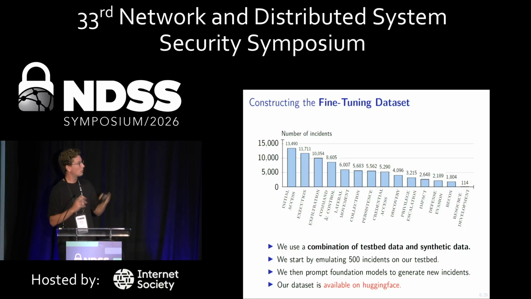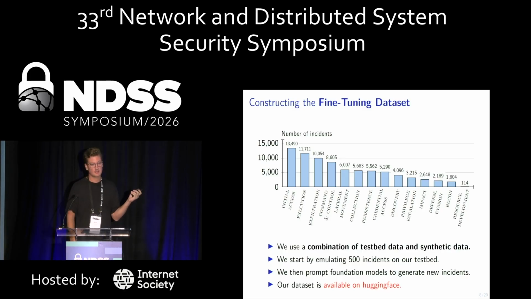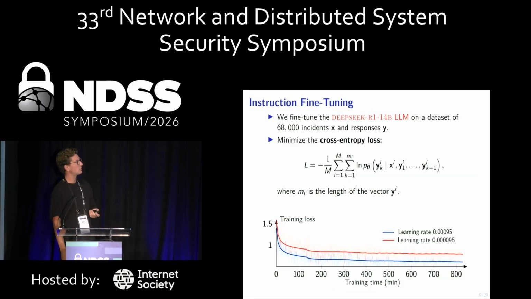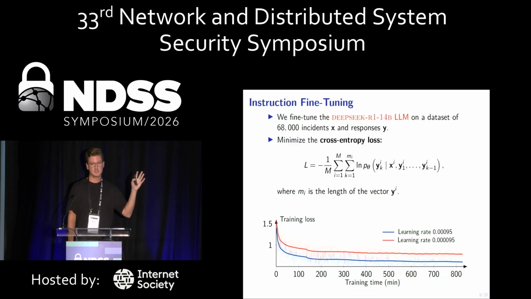And to our knowledge, this is the first publicly available data set for fine-tuning incident response. And in principle, you can use this data set to fine-tune any model of your choice. But for the results that we report in the paper, we used the DeepSeek R1 LLM. And we use a version of this LLM that has 14 billion parameters. So this is a very lightweight model if you compare it to the frontier.